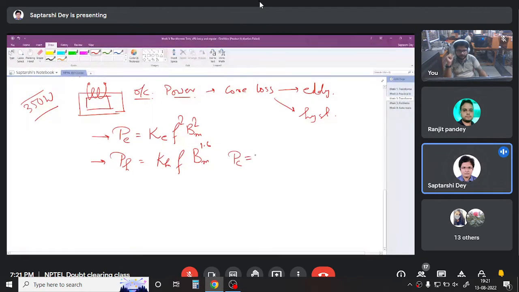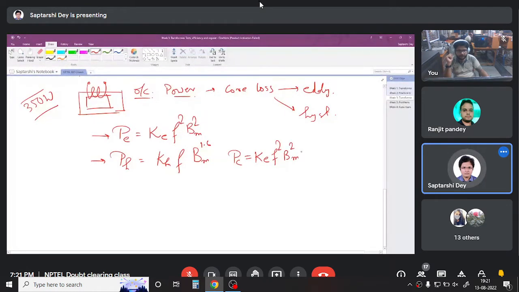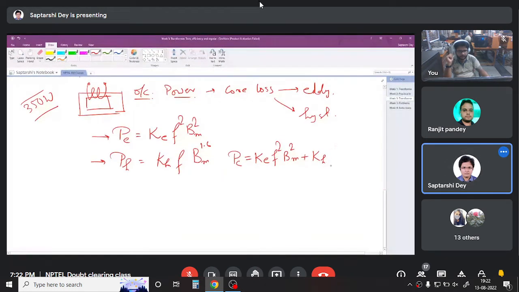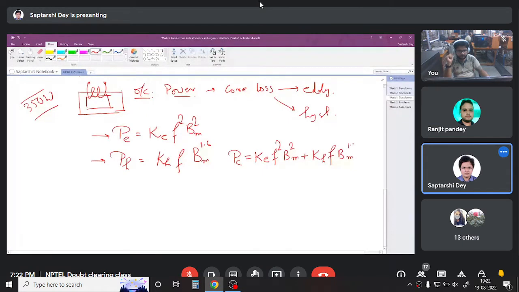PC is given as Ke F squared Bm squared plus Kh F B to the power 1.6.